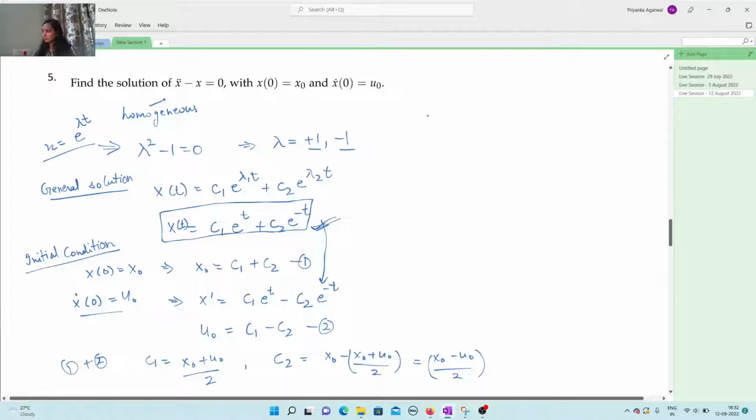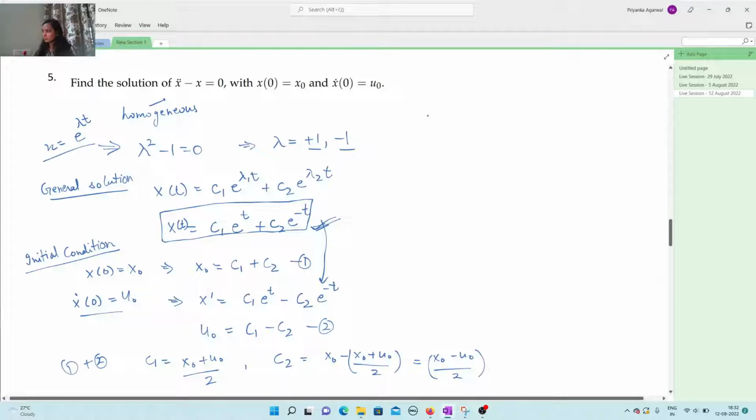Now if we take x0 as common, we get e to the power t from here and e to the power minus t from here over 2, plus if we take u0 as common, we can write e to the power t from here minus e to the power minus t over 2.